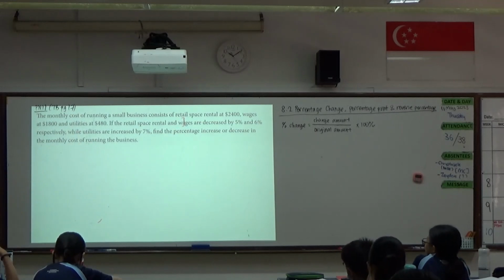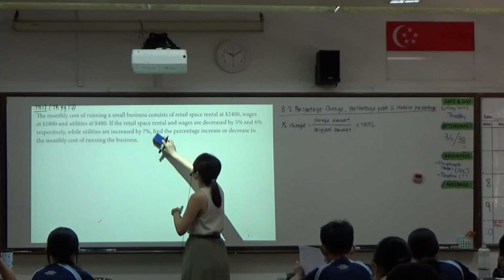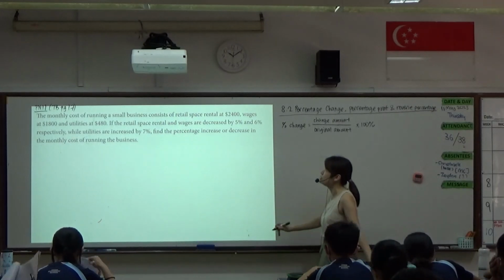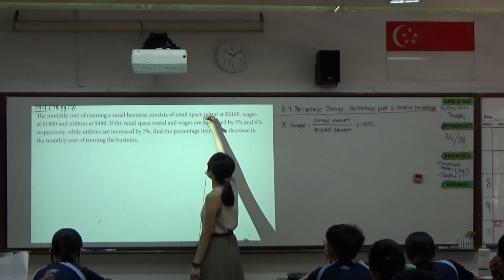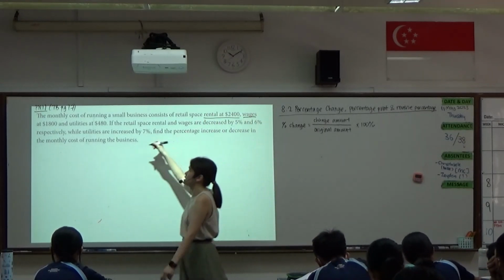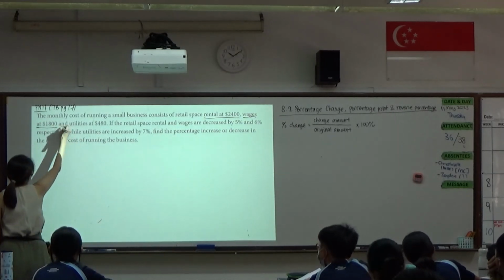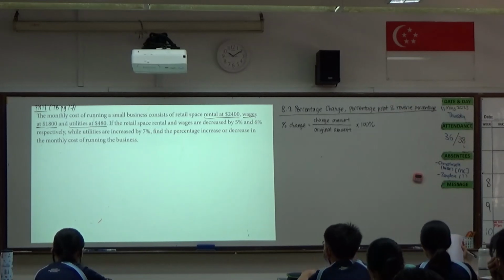So in this question, it says that the monthly cost of running a small business consists of retail space rental at $2,400. So this is an important information, rental, and the wages at $1,800 and utilities at $480. So all these are important information.